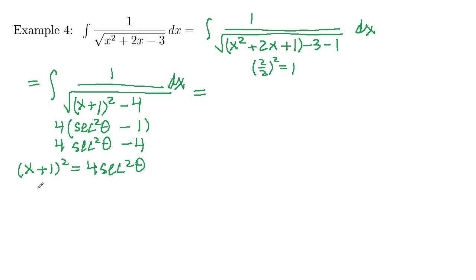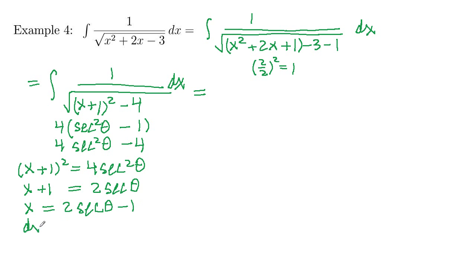So taking square roots on both sides, then x plus 1 has to be 2 secant theta. And bring the 1 over as a negative. x has to be 2 secant theta minus 1.